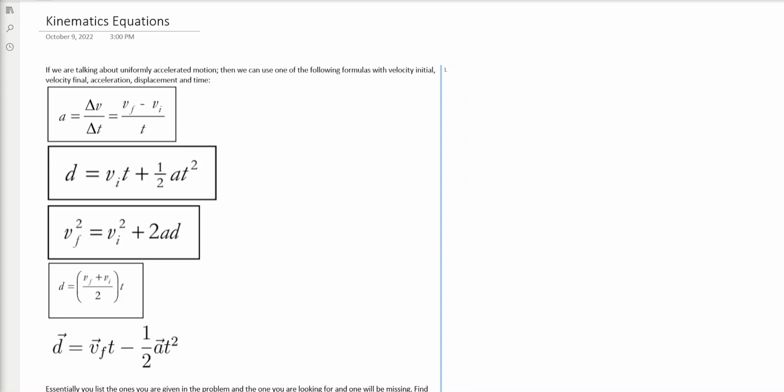Now, in the last video we looked at the first one of these kinematics equations. We looked at this part, and I did mention that you should look at this part, which is velocity final minus initial.